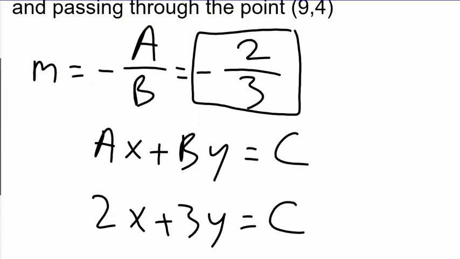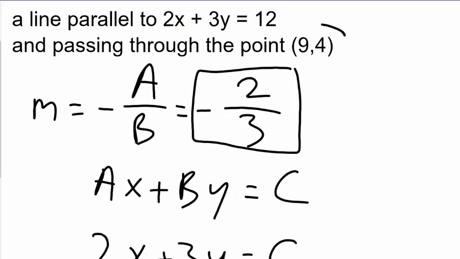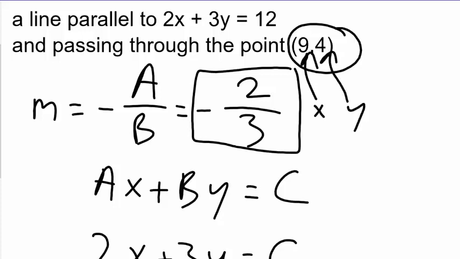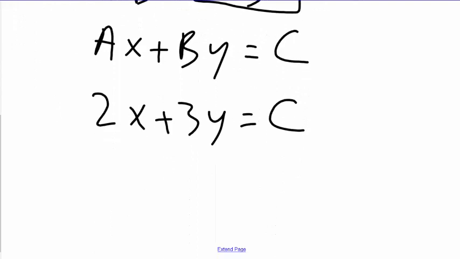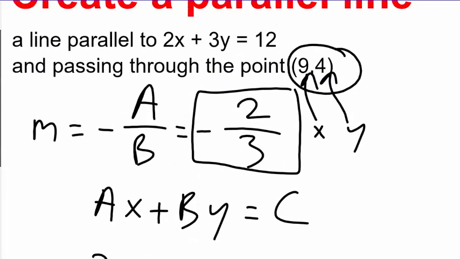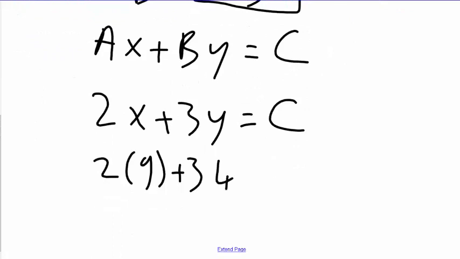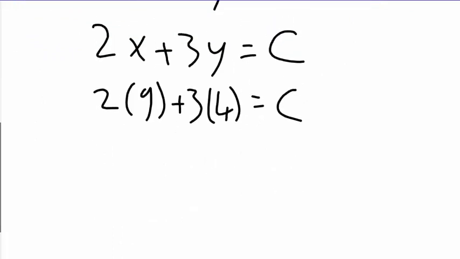And here come the coordinates. It needs to pass (9, 4). So this is x. Remember, this is y. So x needs to be 9 plus y needs to be 4 equals c. Let's just solve the equation here.